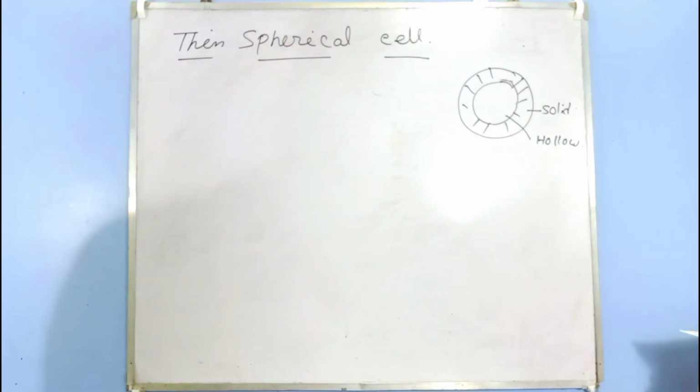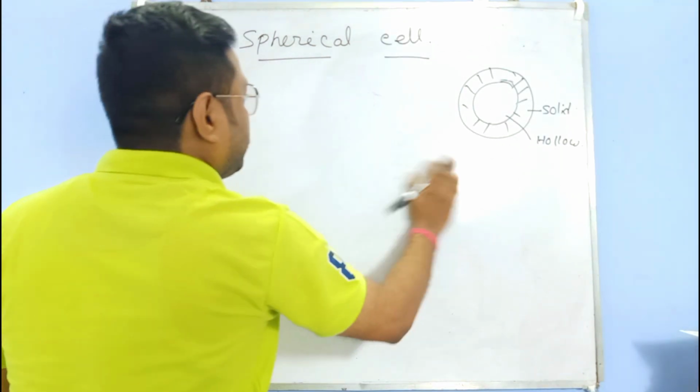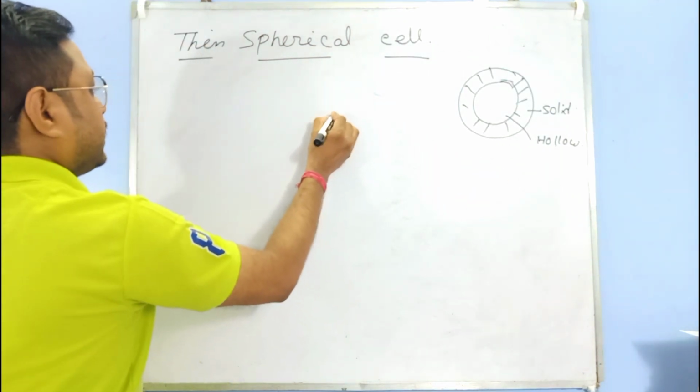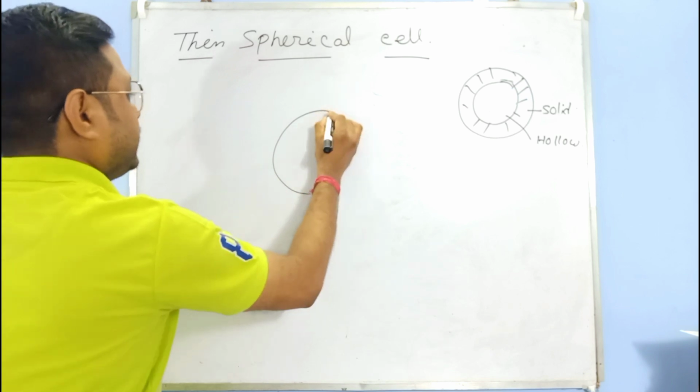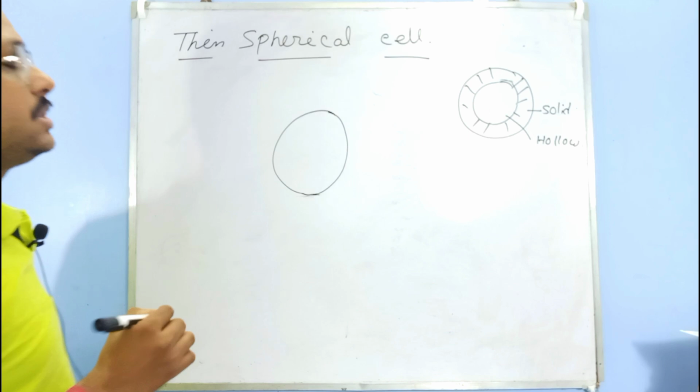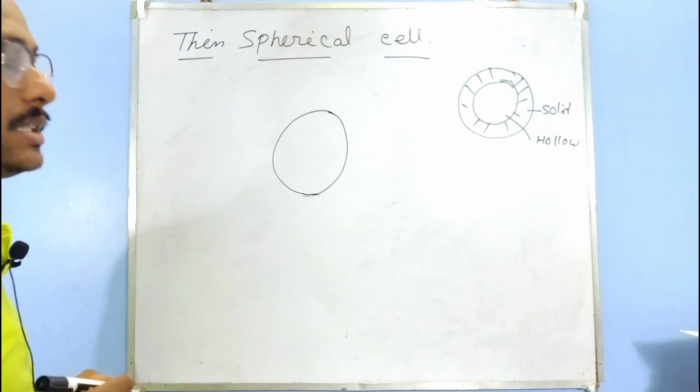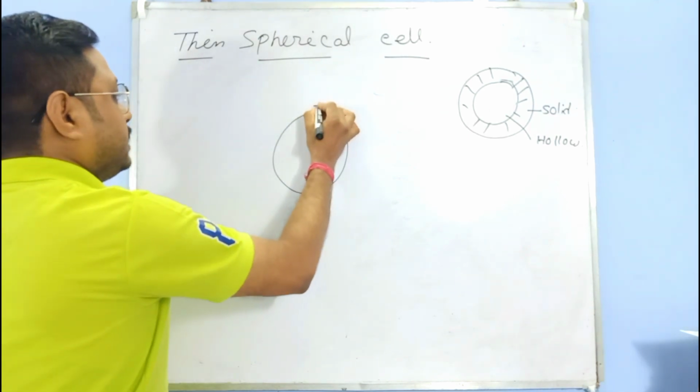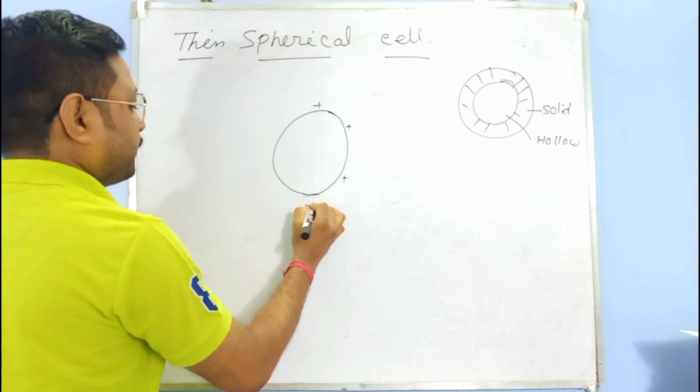Now we have to find out the electric field due to this uniformly charged spherical shell. Suppose this is a spherical shell of radius r which is given charge q.